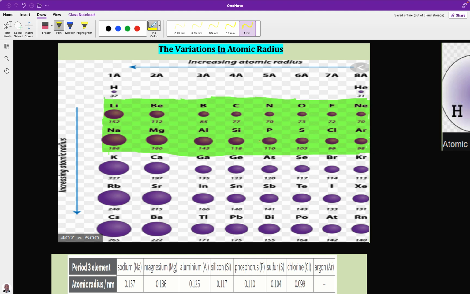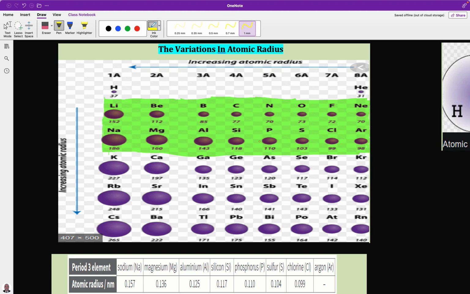One, as you are moving across, there is a consistent increase in the positive nuclear charge because of the increasing number of protons. This nuclear charge does what? It increases the force of attraction between the nucleus and the valence electrons, or the outermost electrons, pulling them closer to the nucleus, thus reducing the atomic size or the atomic radius.